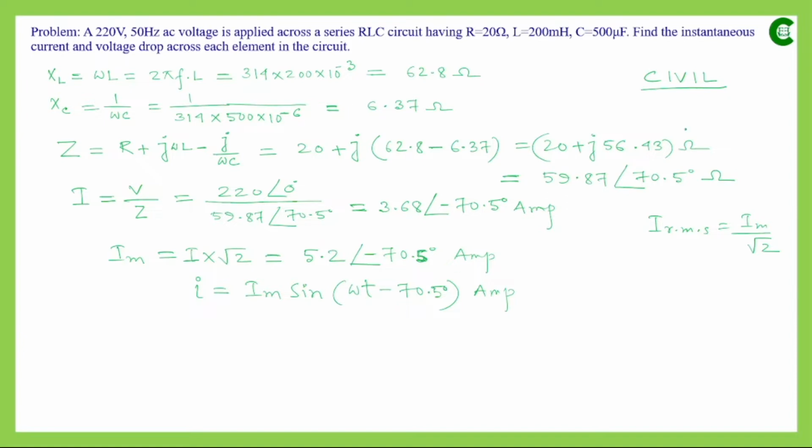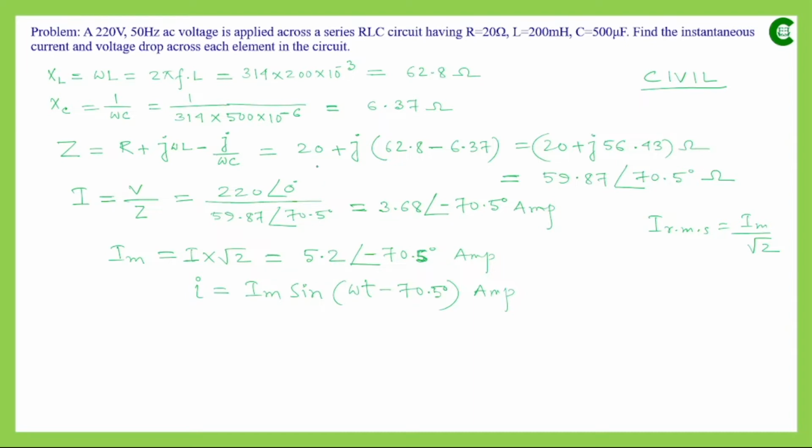That means the net effect of that series RLC circuit is inductive. Here the current lags voltage, and from the values of XL and XC we can also conclude that since XL has more value compared to XC, the net effect of the series RLC circuit will be inductive, and that's why in the expression of current we have got a lagging phase angle.